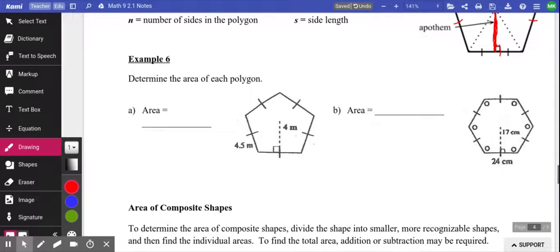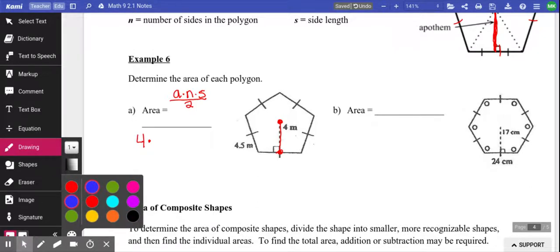Okay. There's 2 polygons right here. We're going to calculate the area of them. You're going to follow the formula A times N times S, all divided by 2. A stands for the distance from the middle to the edge. That's 4. Times N. N is the number of sides.